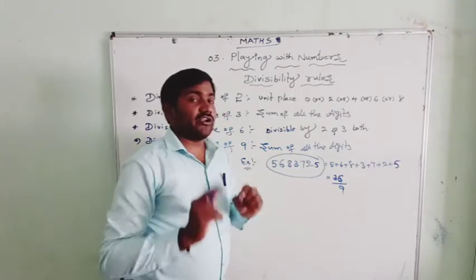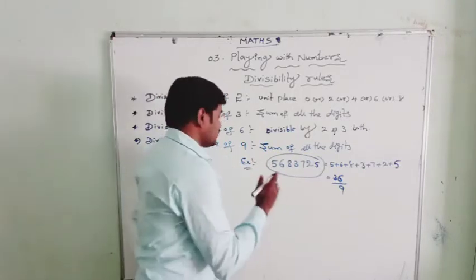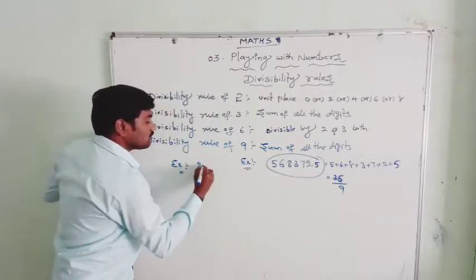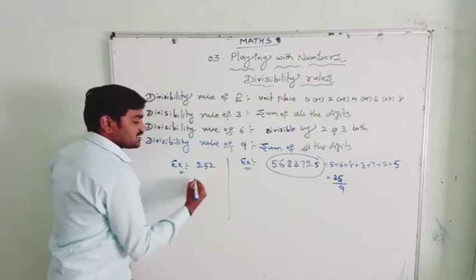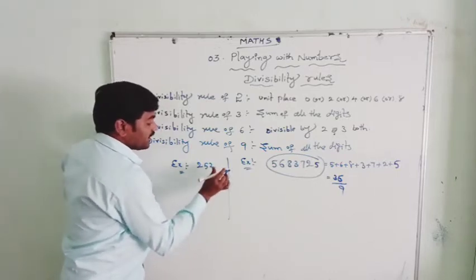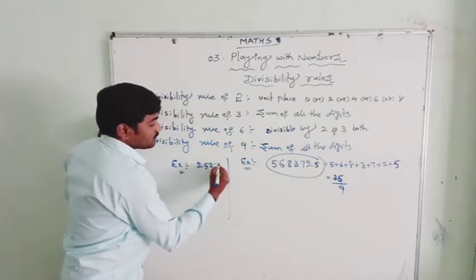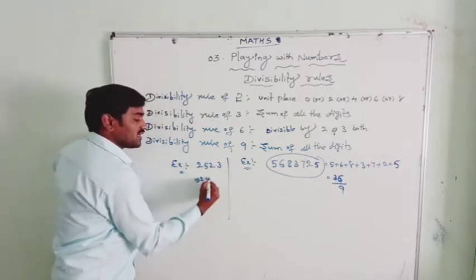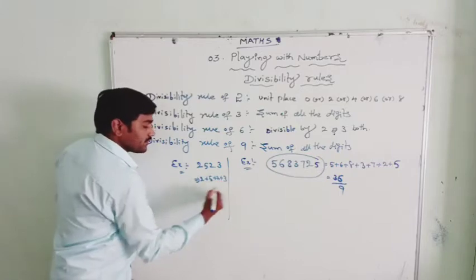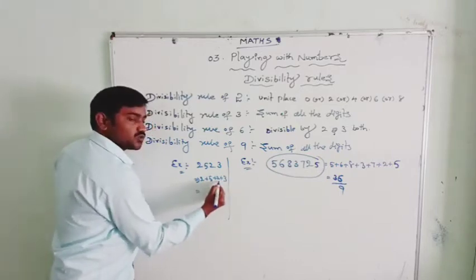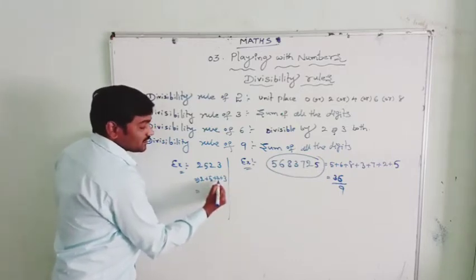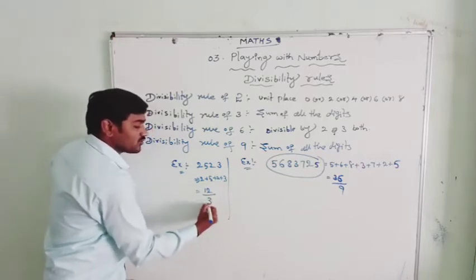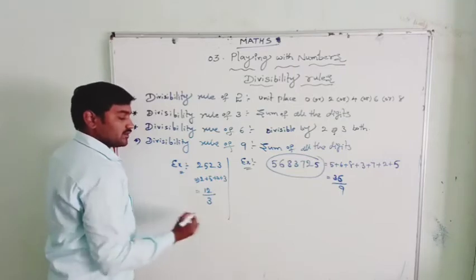Here one thing you need to remember. Let us write one number here, 2 5 2 3. Then find out the sum of these digits: 2 plus 5 plus 2 plus 3, that is 7, 7 plus 2 is 9, 9 plus 3 is 12.